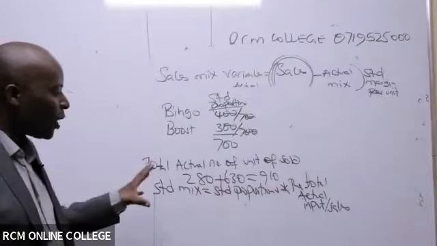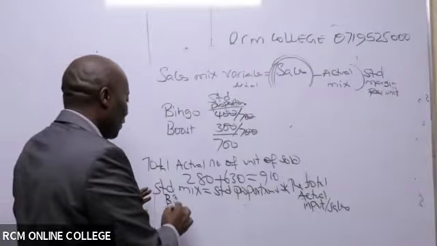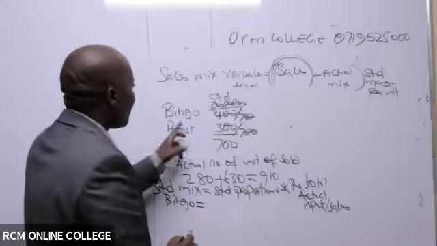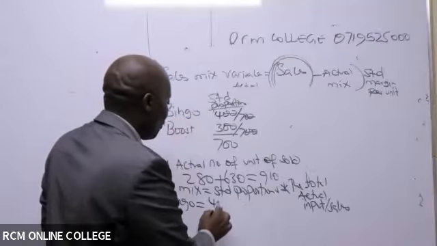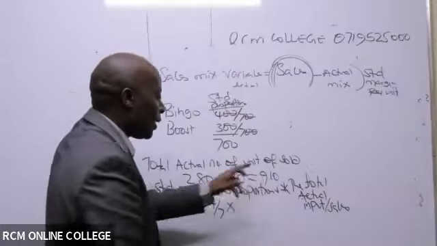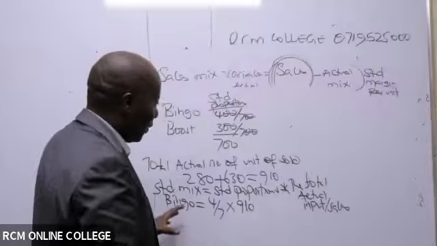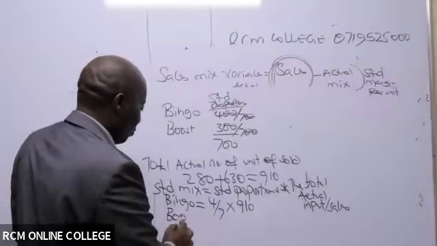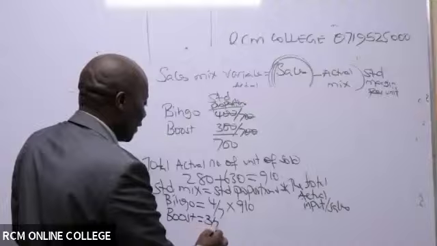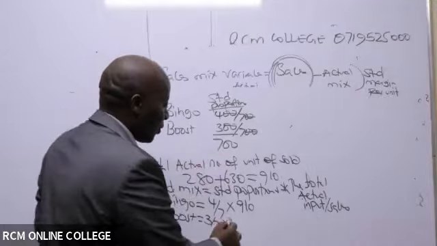Anytime they want us to give them the standard mix, like the standard mix of bingo, I take the standard proportion, which is 4/7, times the total actual, which is 910. If it's boost, I take 3/7 times the total again. We keep repeating this total, which is 910.